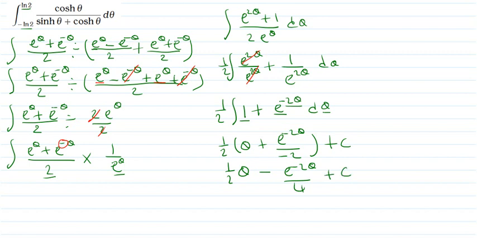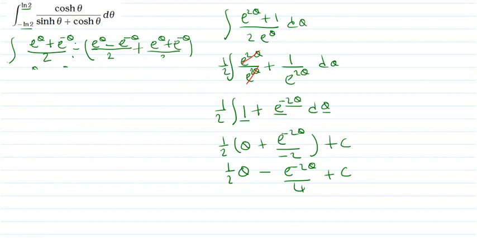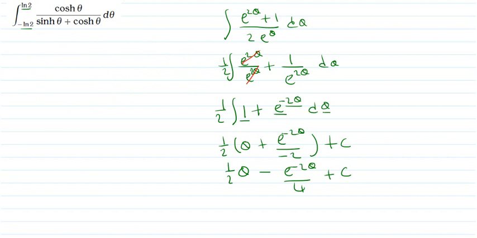Now using this, we're going to apply the limits, since we had ignored them at first, so that we simplify the expression. The limits that we've been given are negative natural log of 2 and natural log of 2. So putting this into 1 over 2 [θ minus e^(-2θ) over 4], we'll get the upper limit and place it into the expression.